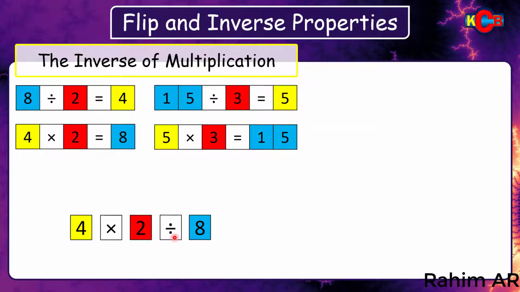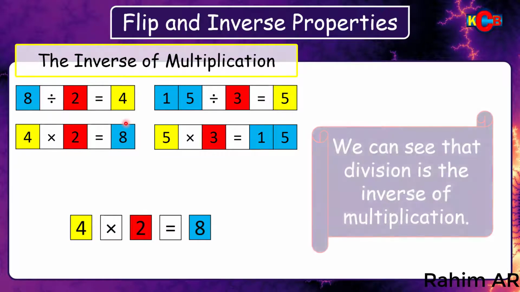And then here, the sign of division, I change it into the sign of equals to. So now, before this, we got 8 divided by 2 equals 4. Then, when we rearrange, we got 4 times 2 equals 8. 8 divided by 2 equals 4.